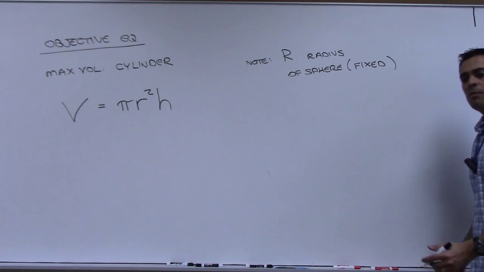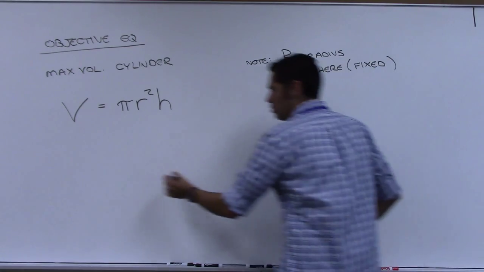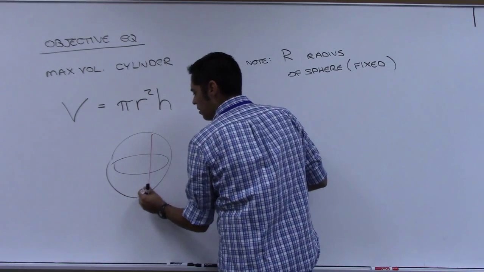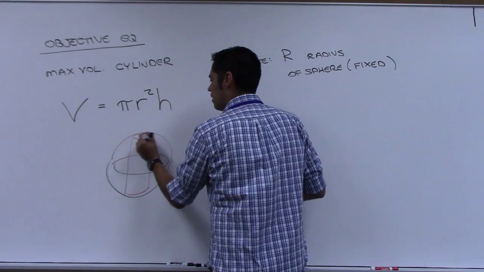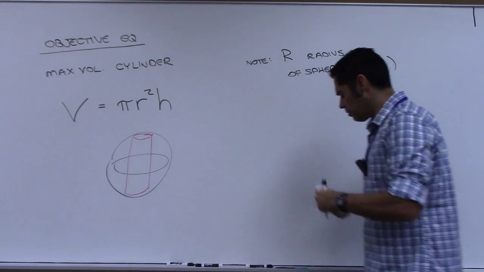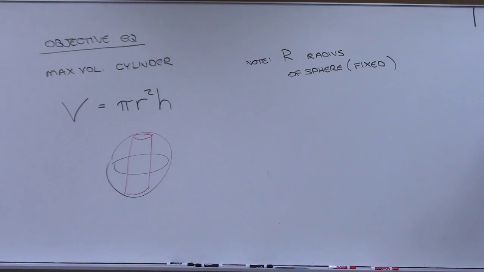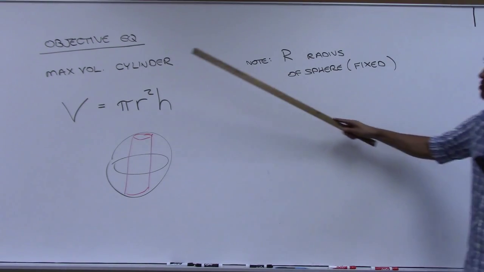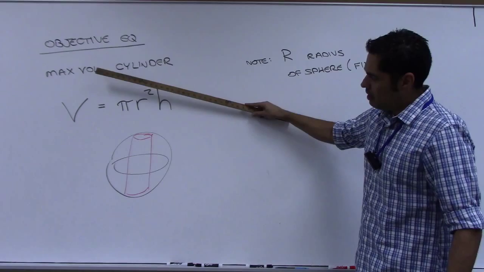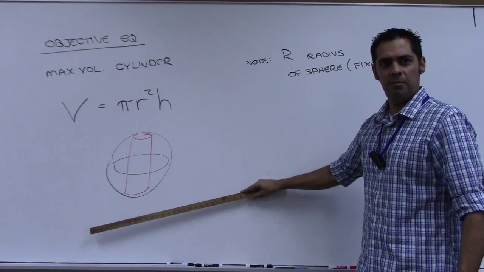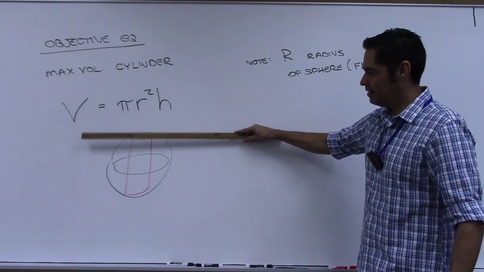So what we're going to do is go back to that picture that I drew. Imagine coming through right now with some sort of cutting device, and I want you to cut this sphere right down the center, okay?